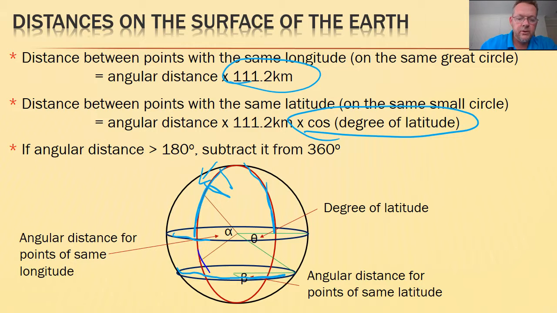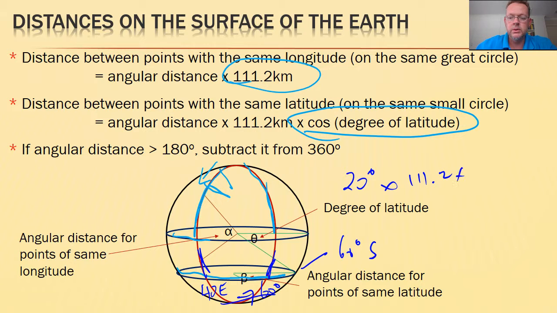So if I've travelled from here to here, for example, that's 40 degrees east, and that's 60 degrees east, I've travelled 20 degrees, and let's imagine this is a latitude of 60 degrees south. I'm just saying I've travelled 20 degrees multiplied by 111.2, multiplied by the cosine of the angle of latitude, and plug that into the calculator to get the answer.